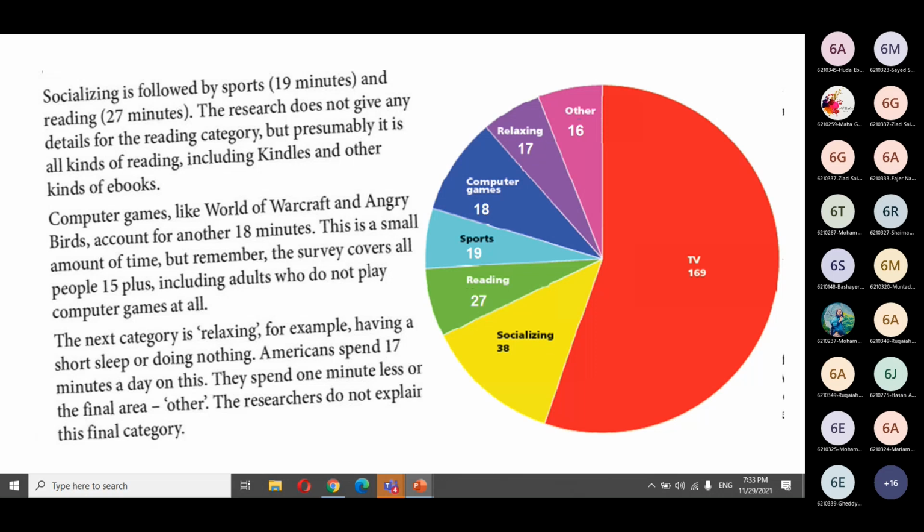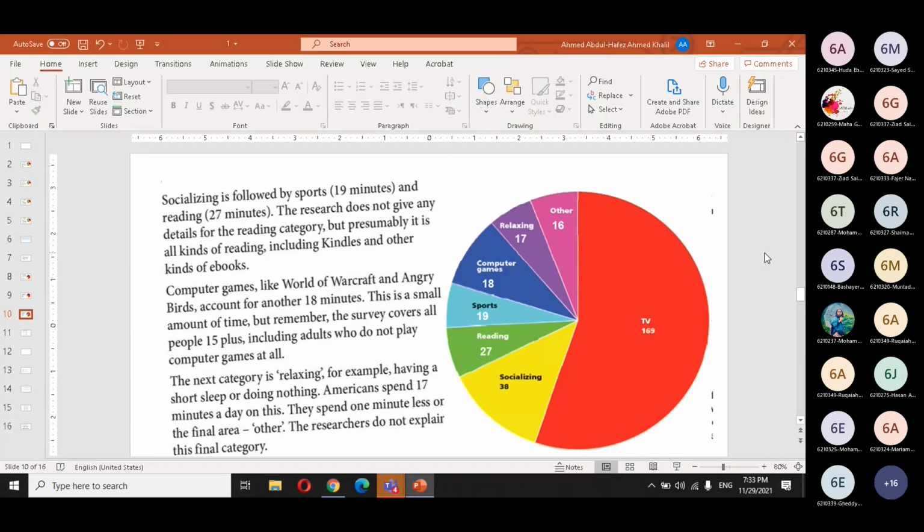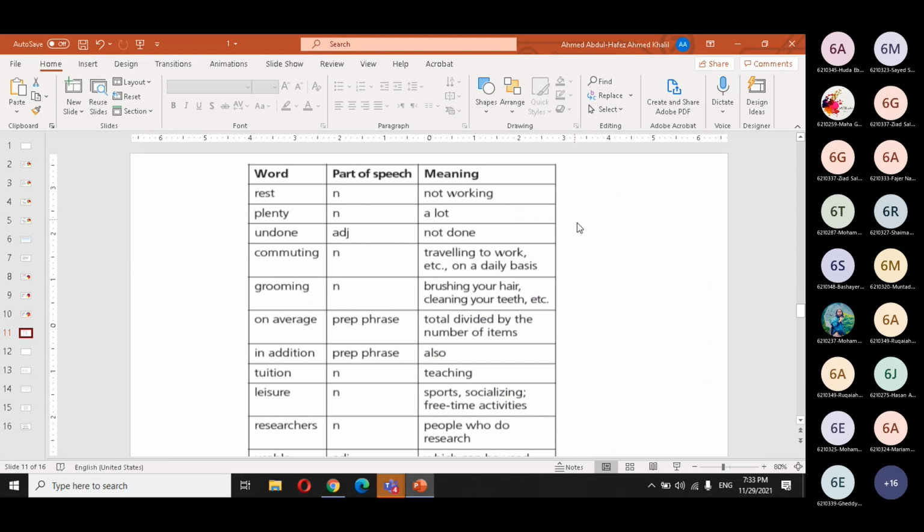Instead of reading the whole text, just one look at the pie chart, you can get all the information you need. So that's why pie charts or charts generally are useful. These are some of the vocabulary.